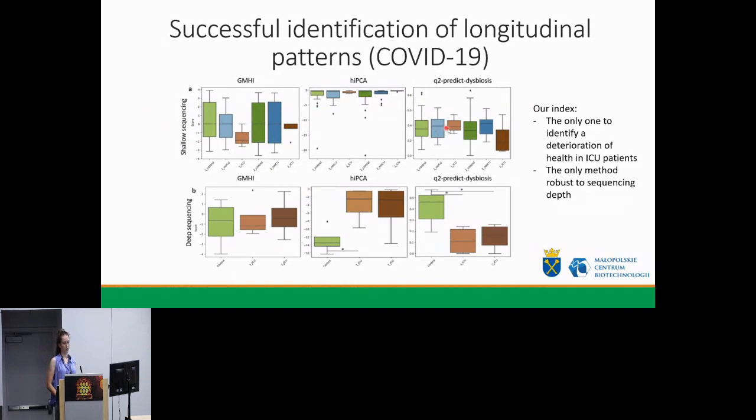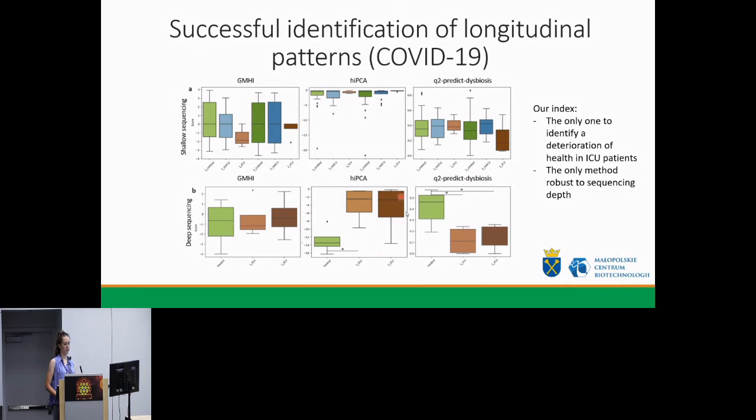And our index was the only one that produced this drop, so it was able to identify this longitudinal decrease in health. So we were curious whether those results were translatable to the deep sequencing. And they partially were. So the GMHI actually failed completely. It was not able to classify between healthy or disease, deep or shallow.